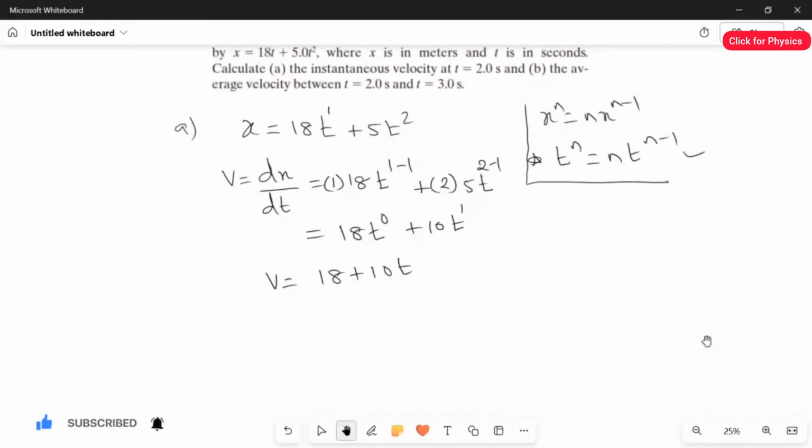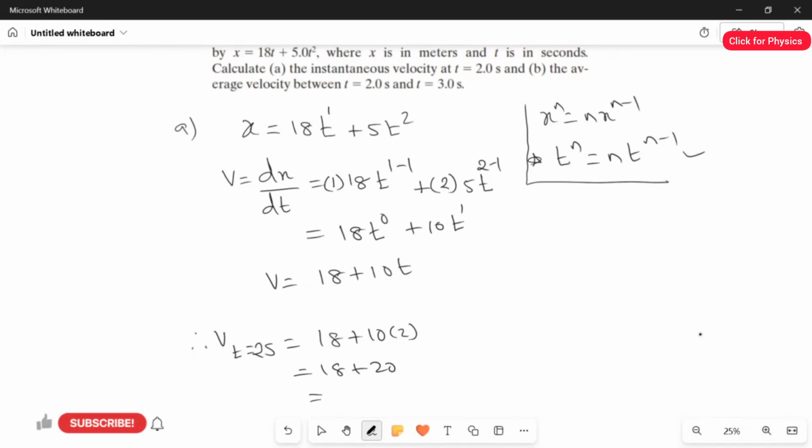So I substitute t equal to 2 in this equation. Therefore, the instantaneous velocity at t equal to 2 seconds is 18 plus 10 multiplied by 2. So 18 plus 20, we get 38. And the unit for the velocity is meter per second. So this is the answer for the first part.